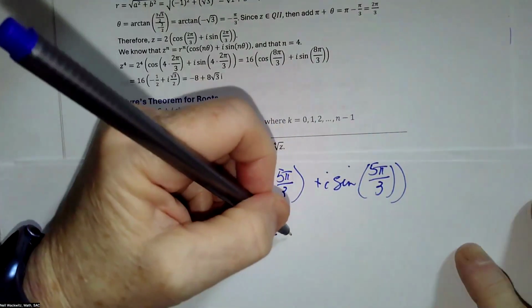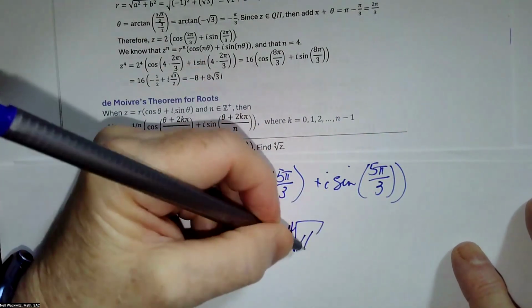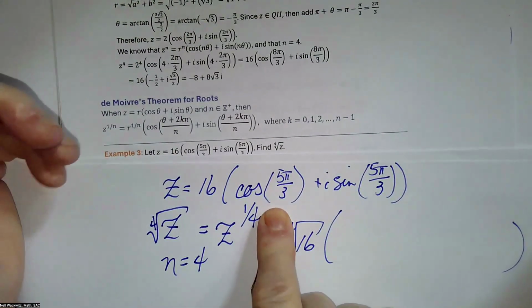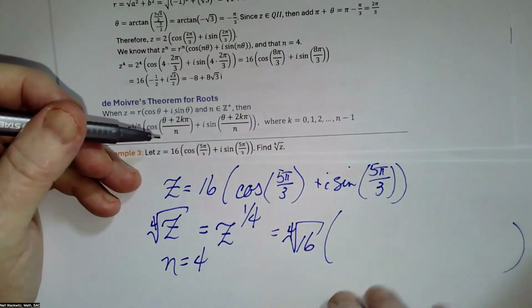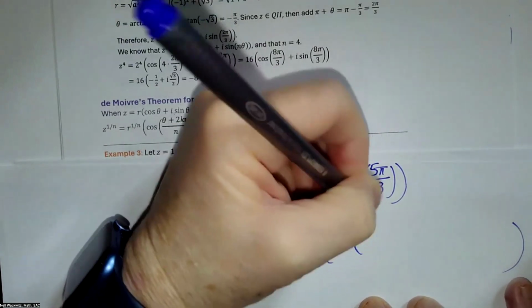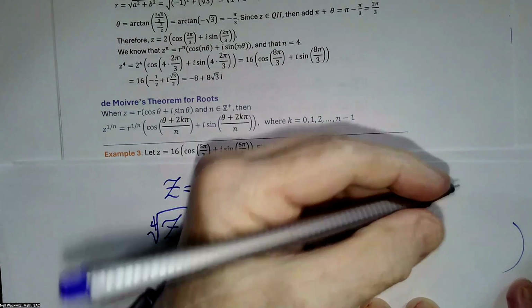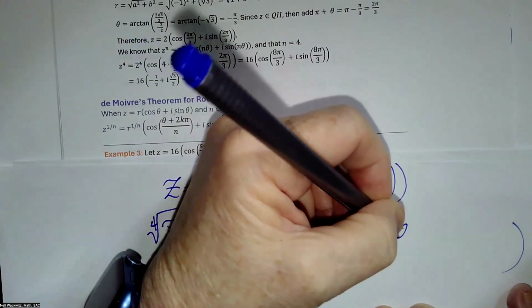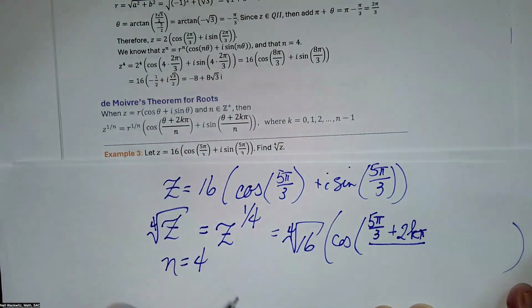So we need the fourth root of 16. And then, let's see, theta is 5 pi over 3 plus 2k pi all over n.